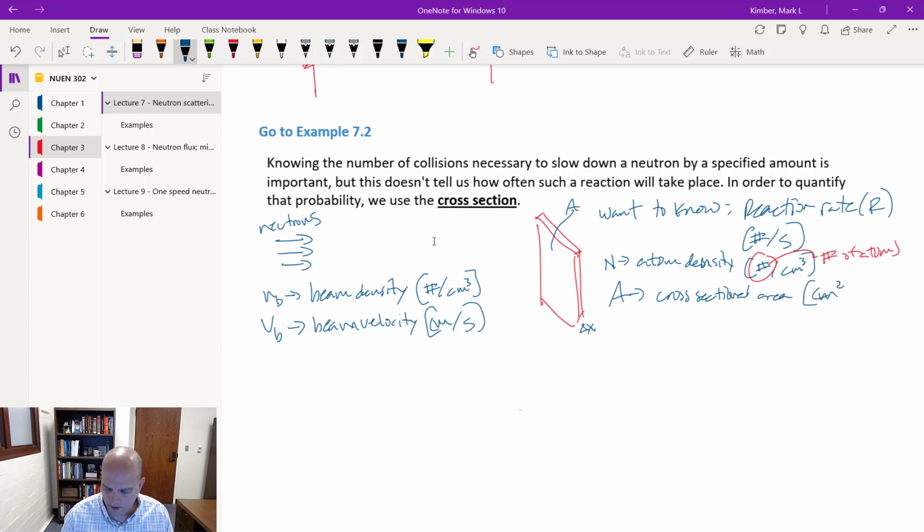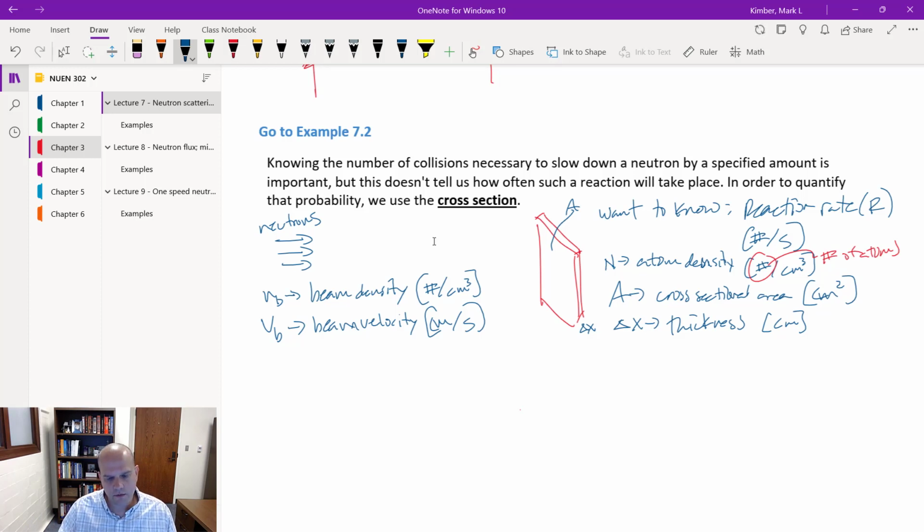This will have units of area, obviously, and then the thickness. The target cross-sectional area and the thickness of that target. And so if I multiply those three parameters together, I've got atom density, I've got cross-sectional area. Cross-sectional area and thickness multiplied together are my volume, and I've got atom density as number of atoms per volume. Multiply that together, I get the total number of atoms in that volume.